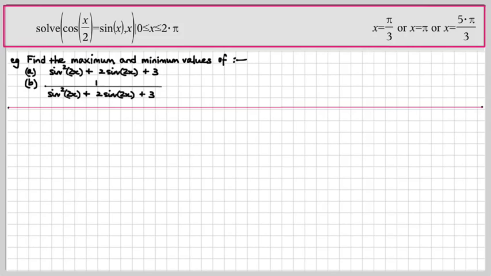Right, now this is the last bit of our presentation. This is pretty interesting stuff. Now this requires that you use your head a little bit. First of all, you look at this and you think, how am I supposed to work this out? Maximum and minimum.